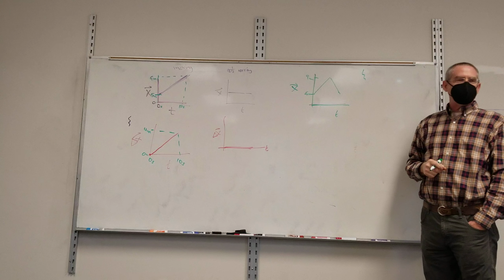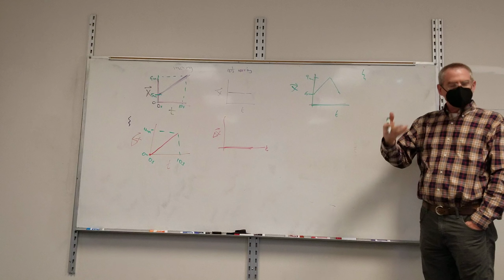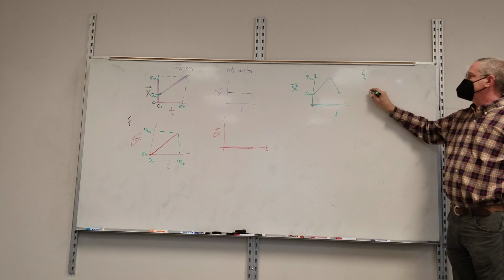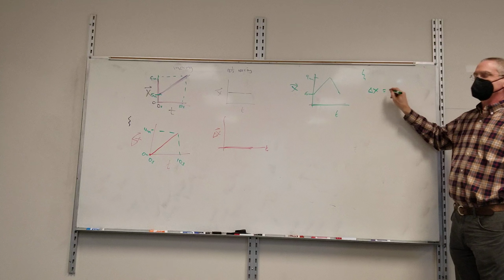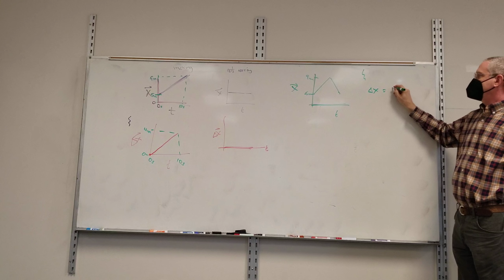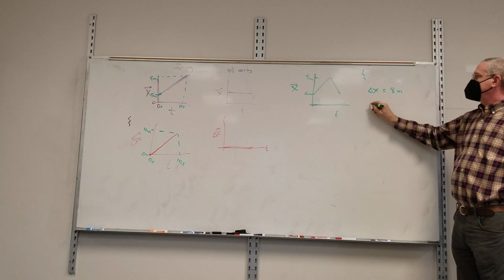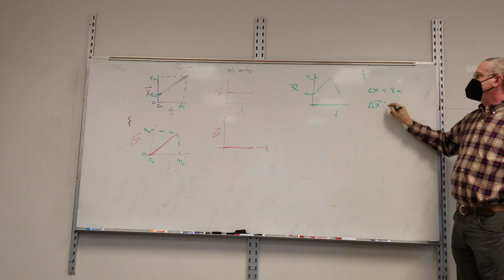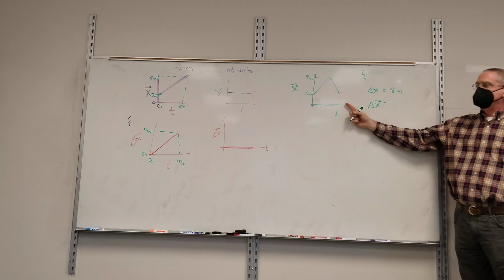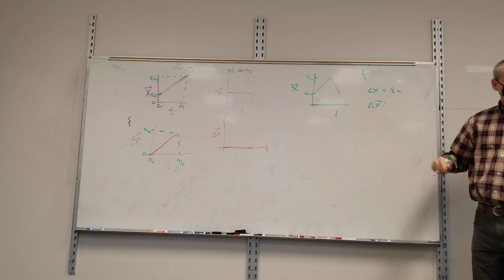So what was the total distance traveled? 8 meters. So my distance, using the shorthand notation, just because I don't feel like writing the word distance out. Well, what's my displacement? 0.